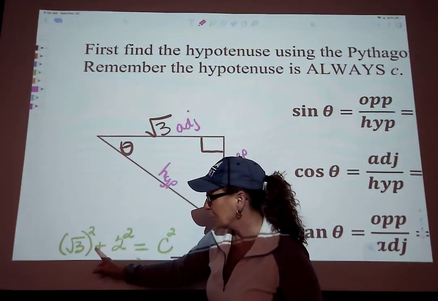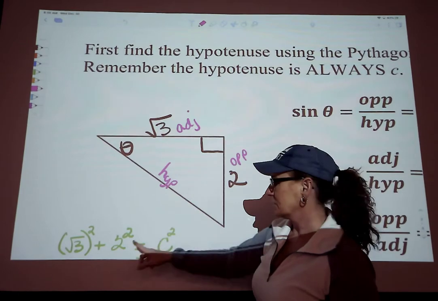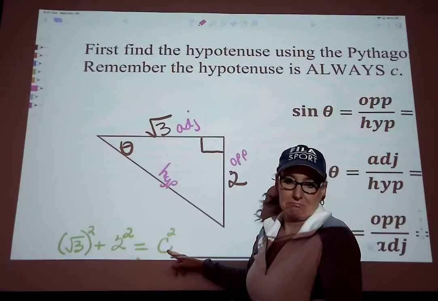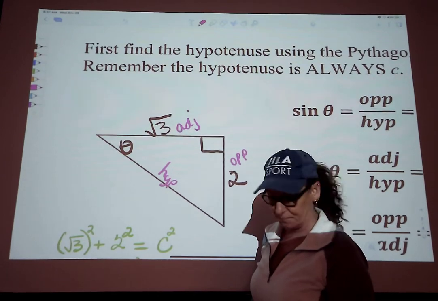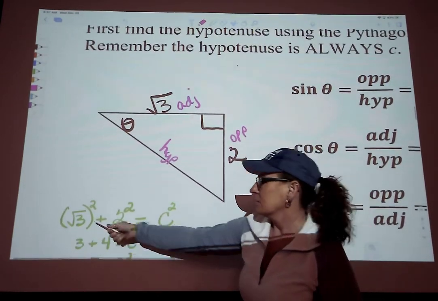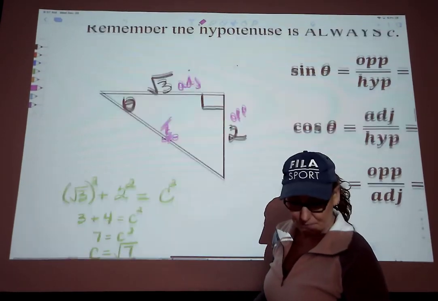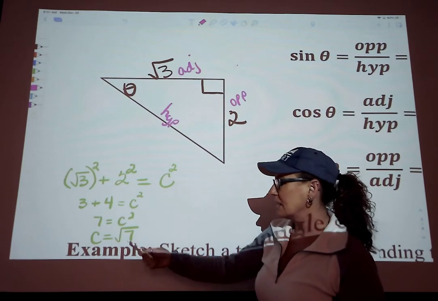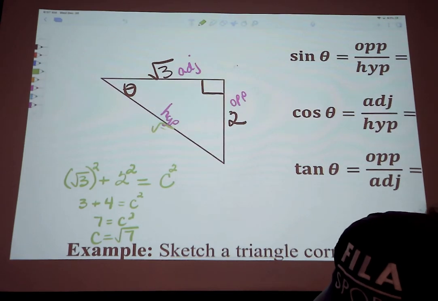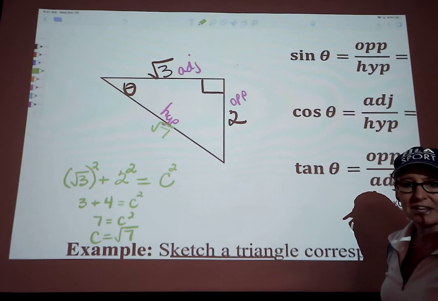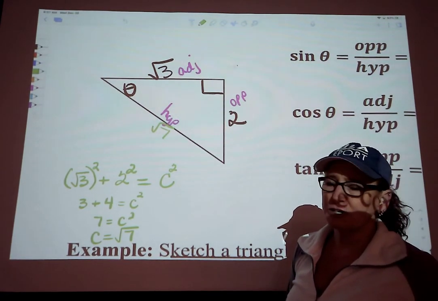I said this leg squared plus this leg squared equals, and I just called it something kind of random, my hypotenuse squared. Okay? Square that, square root both sides. My hypotenuse is actually the square root of 7. And I'll just leave it like that. There's no reason to turn it into a yucky decimal.